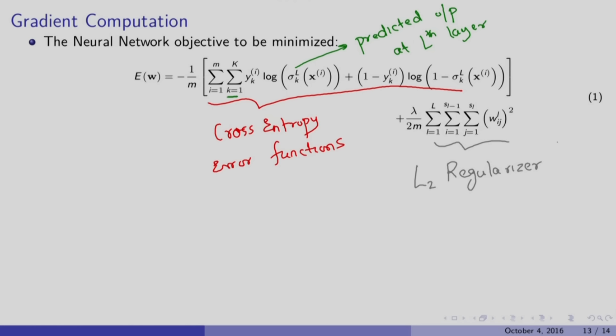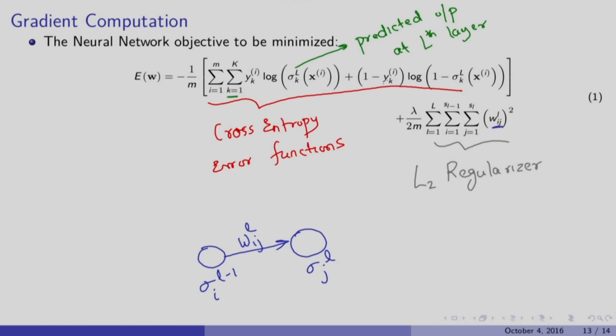So we note that the intermediate weights, which lie on edges from sigma i in the L minus 1th layer to sigma j in the Lth layer, are Wij^l, and these have presence directly only in the L2 regularizer.